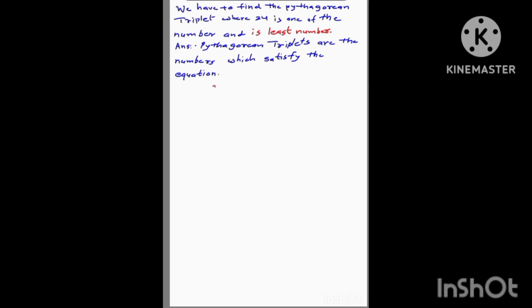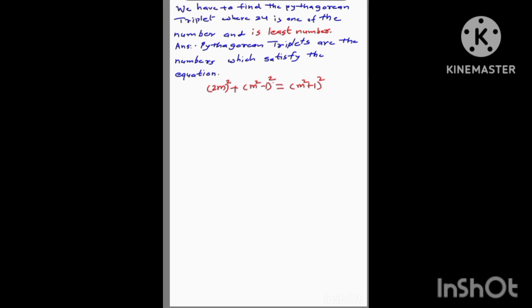What is that? (2m) square, that is, not only m is squared but 2 is also squared, plus (m square minus 1) the whole square equals (m square plus 1) the whole square.